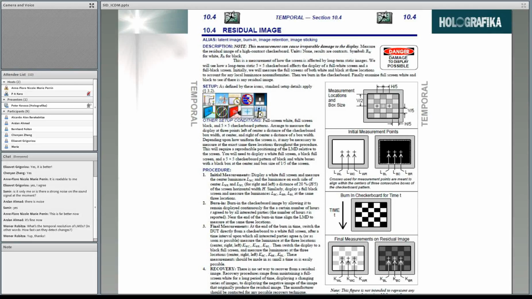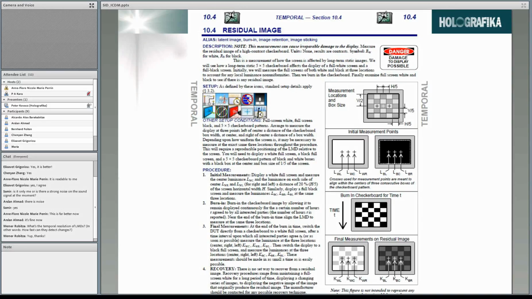And here burning in this pattern is measured in hours. And then you check after this burning period, is there any residual image on the screen, and then you can basically report the amount of this residual image. And then you may want to fix the display, but as it says there is no set way to recover from a residual image, please contact the manufacturer for a suitable technique to remove the residual image.